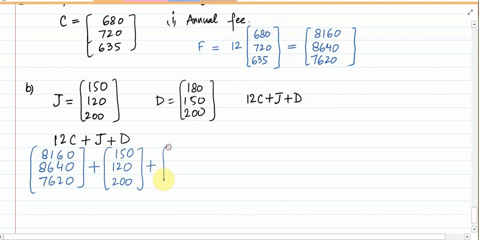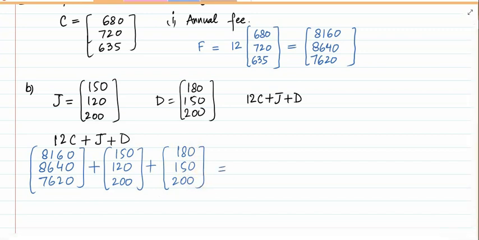Plus December is 180, 150, 200. We need to add them together, but first we need to make sure that the order of all 3 matrices is equal. In all 3 matrices there are 3 rows, 1, 2, 3, and in each matrix there is only 1 column, right? So the matrices' orders are the same.